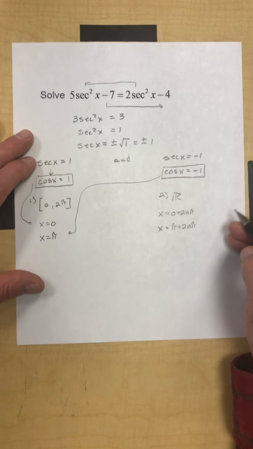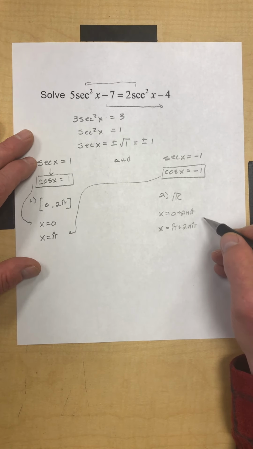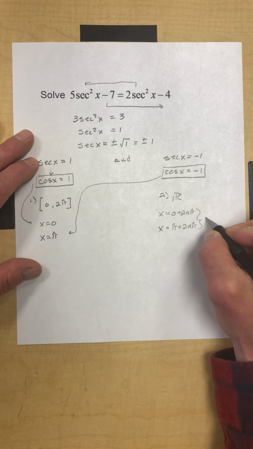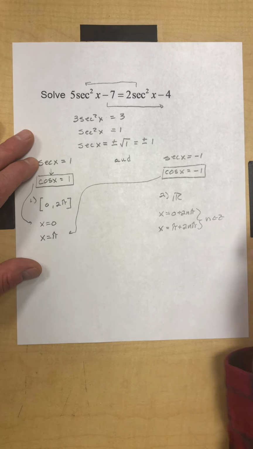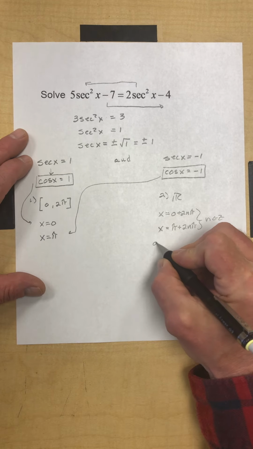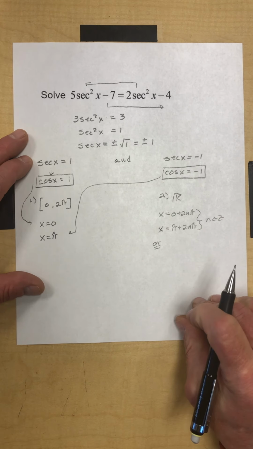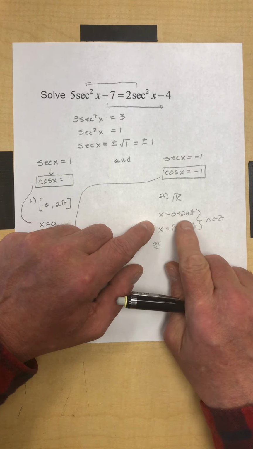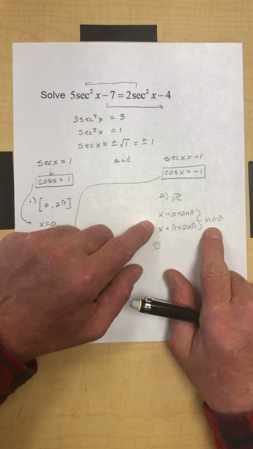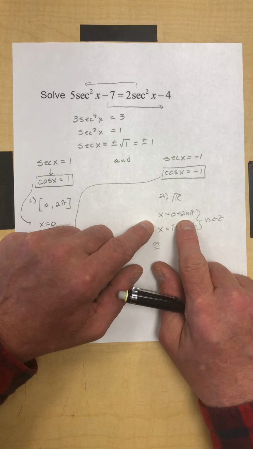Now, technically, we could leave it the way it is, where n is an integer, but I'm thinking, is there an easier way to do this? Well, 0 plus 2n pi is just 2n pi, and when n is an integer, those are all the even multiples of pi.